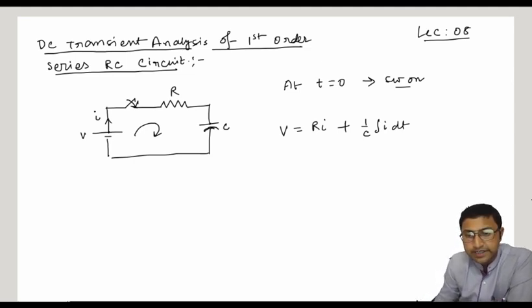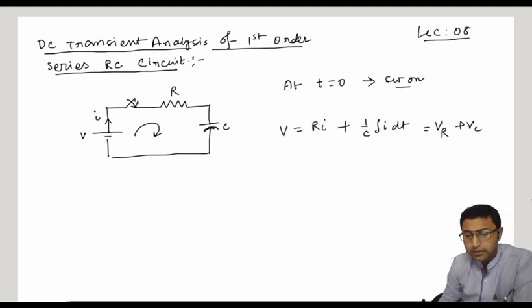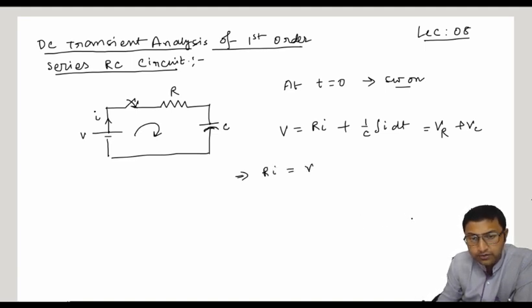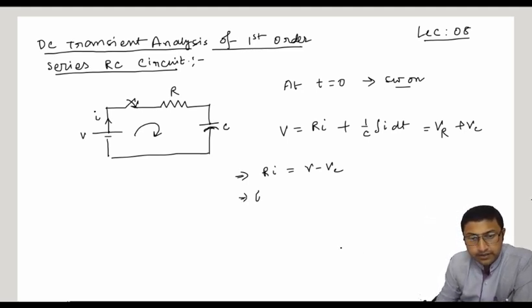So that means it is basically VR plus VC, the voltage across resistance and voltage across capacitance, right? So VR means actually the I into R. Can I write R into I is equal to V minus VC? Yes, okay, and then we can write I equal to V minus VC by R.